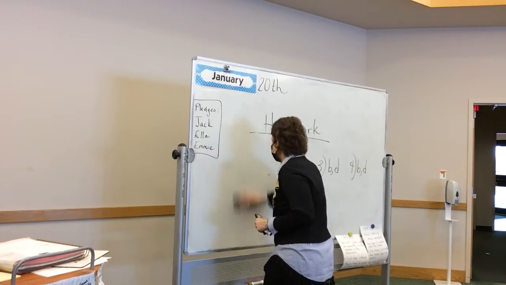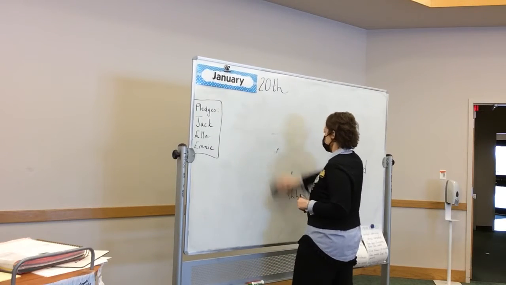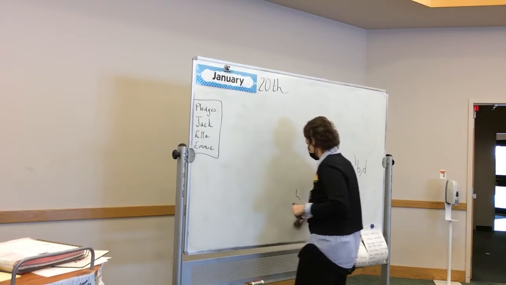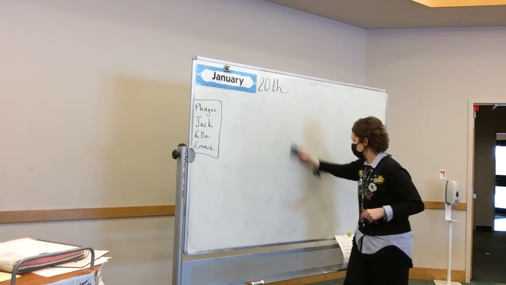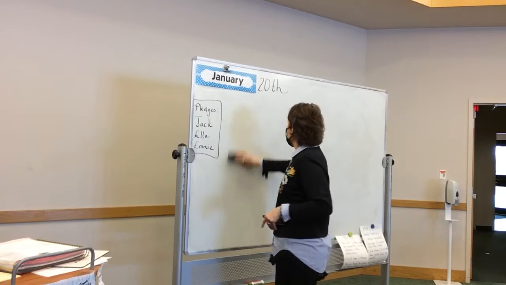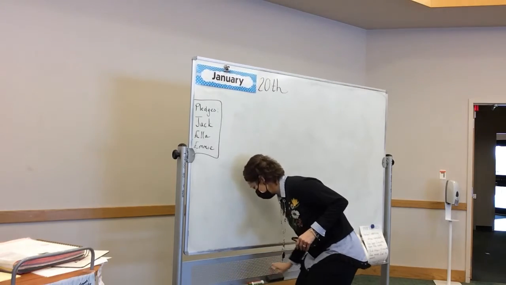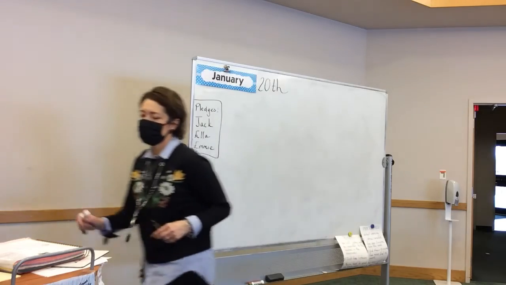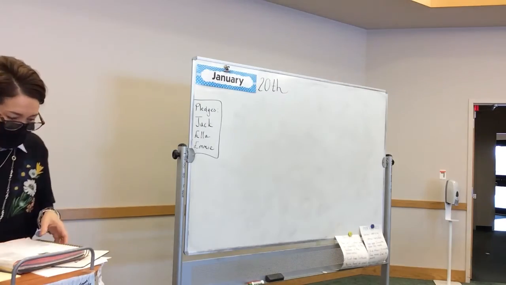So turn to the second page of our lesson 49. Have your markers ready, because FYI, I might just call on somebody randomly, even if they don't have their hand up. Just so you know. All right.